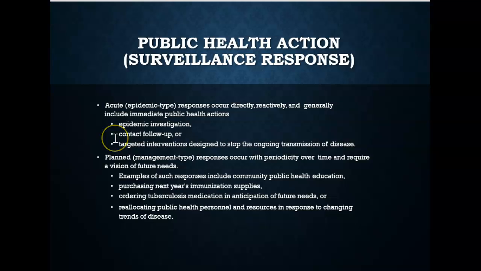And finally, think about what type of response will guide the type of surveillance system that is needed. There's an acute aspect that needs to be visited, but also planning what the periodicity will be for future needs.